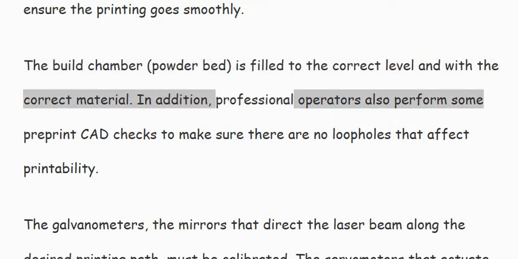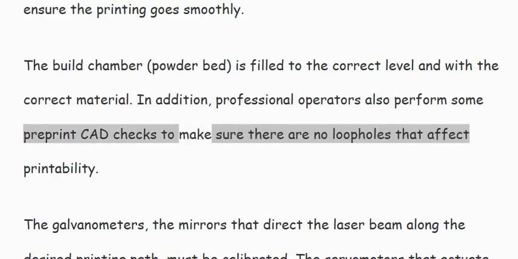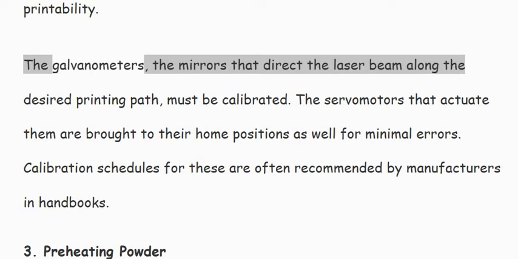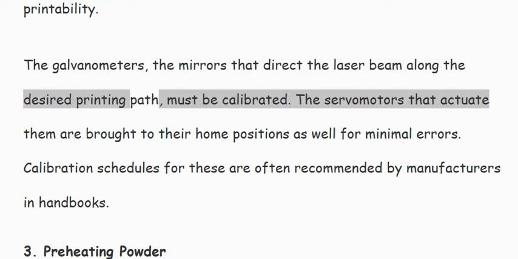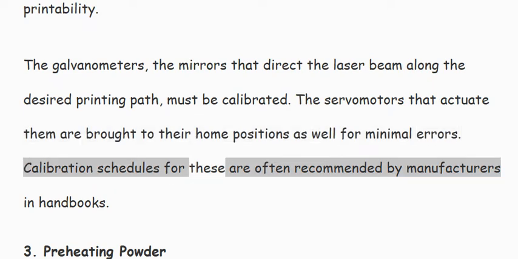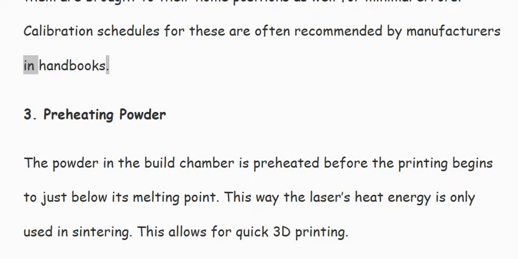In addition, professional operators also perform some preprint CAD checks to make sure there are no loopholes that affect printability. The galvanometers, the mirrors that direct the laser beam along the desired printing path, must be calibrated. The servomotors that actuate them are brought to their home positions as well for minimal errors. Calibration schedules for these are often recommended by manufacturers in handbooks.